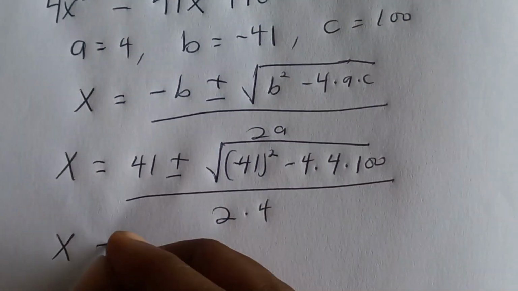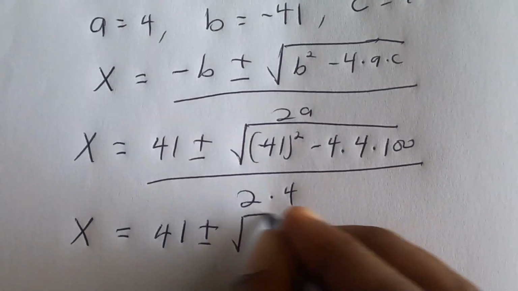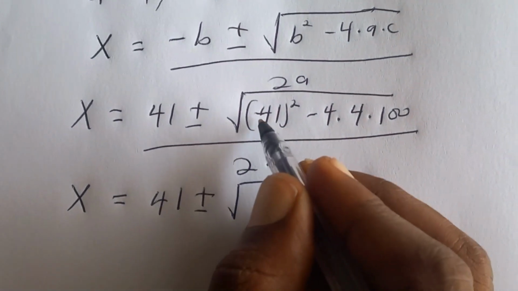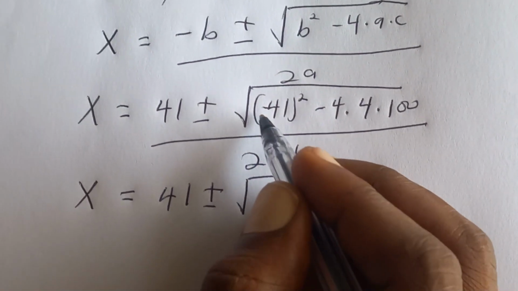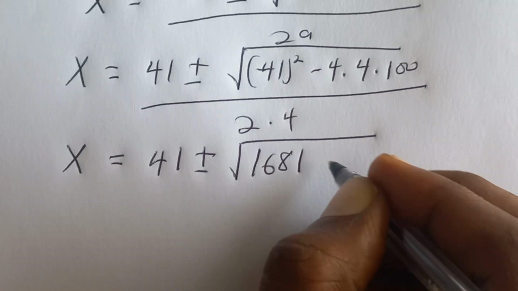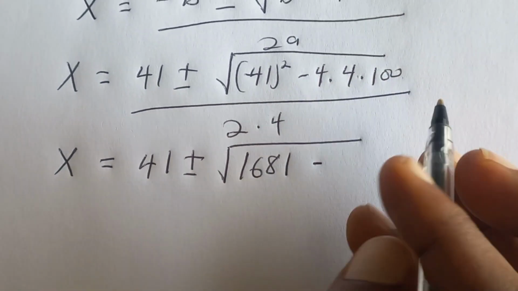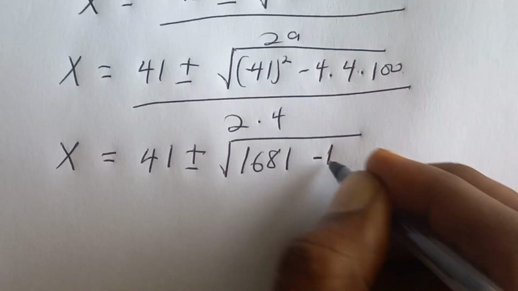So our x is equal to 41 plus or minus square root of negative 41 squared, we are getting 1681, minus this, and this is 16 times 100, which is 1600.